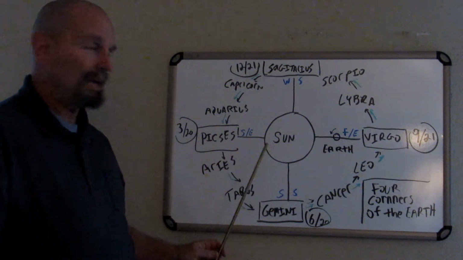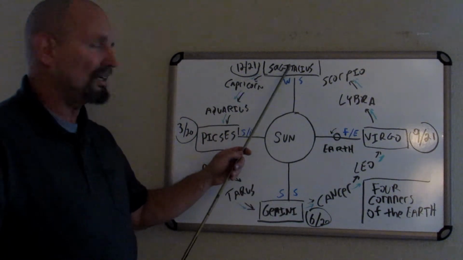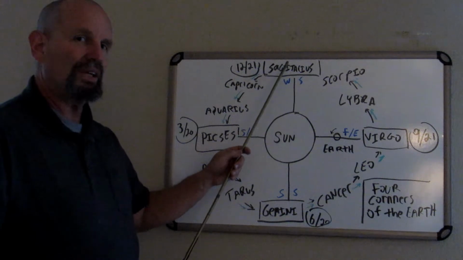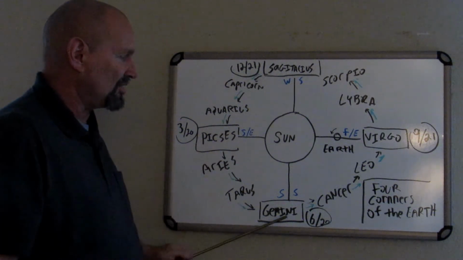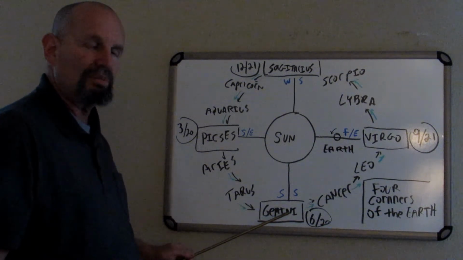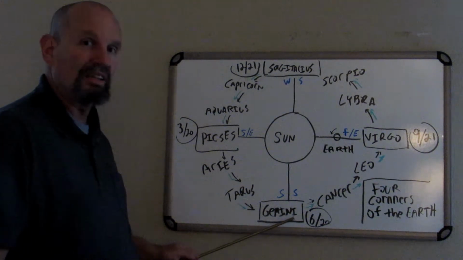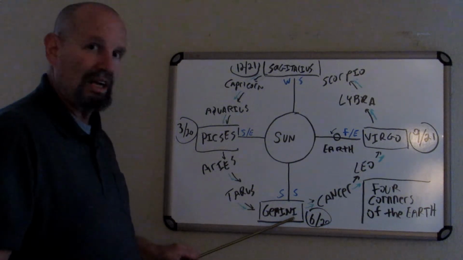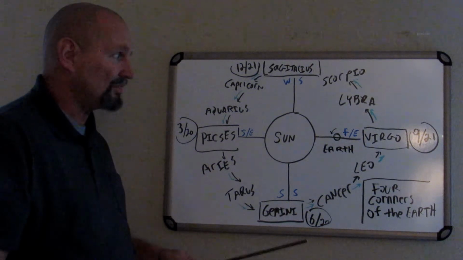In the morning time, while this is rising and this is setting, this constellation is seen directly above. This is the constellation Sagittarius. This constellation is at its lowest point in the southern hemisphere and is seen there at its lowest point. Now, of course, things turn around when you go down to the southern hemisphere.